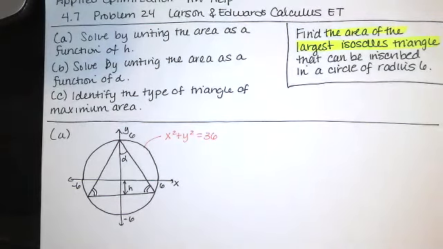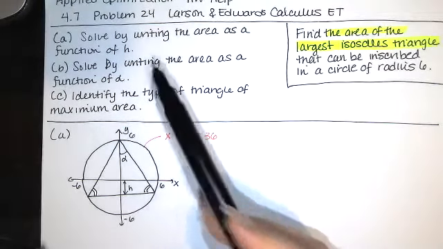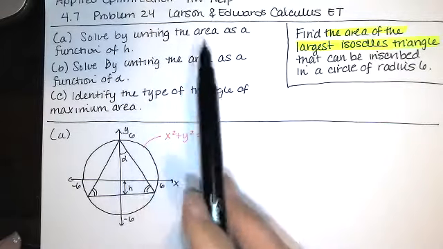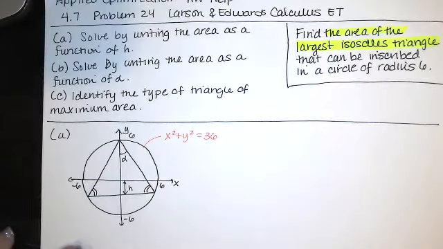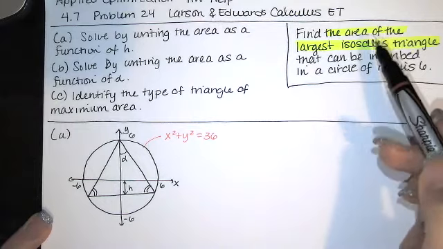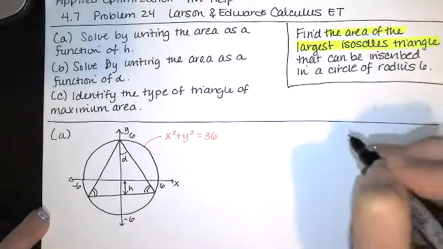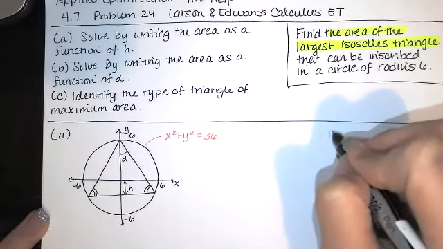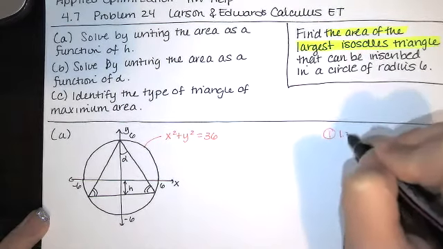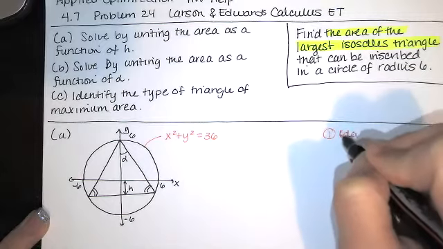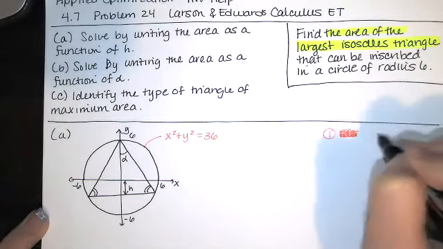Okay, so first they ask us to solve this problem by writing the area as a function of h, which seems to be a pretty unusual choice, but that's okay. And we know we're trying to find the maximum area, so that's our objective function. The first thing we always do is sketch the region.